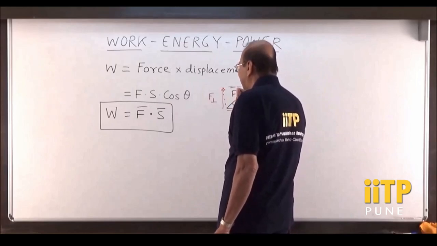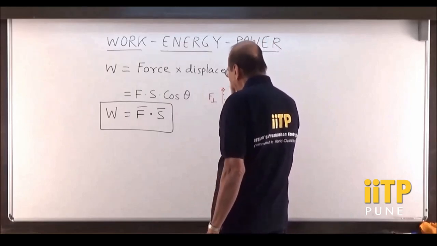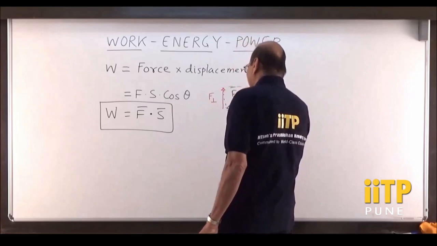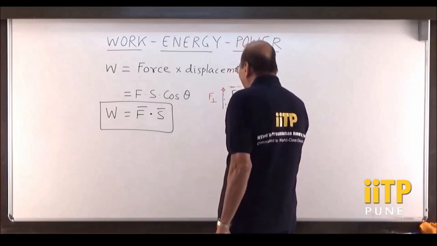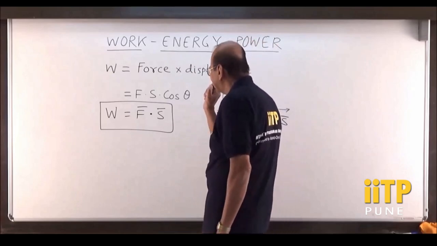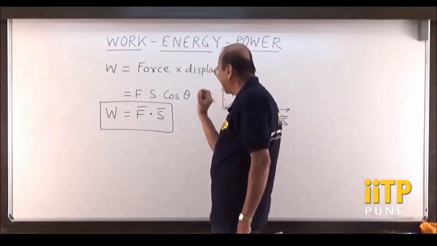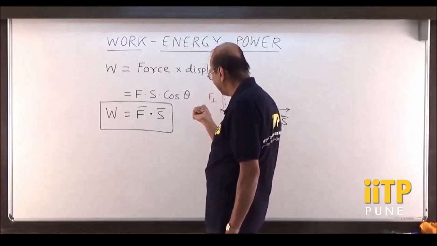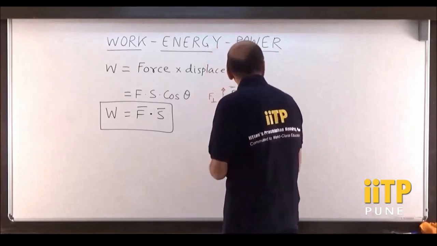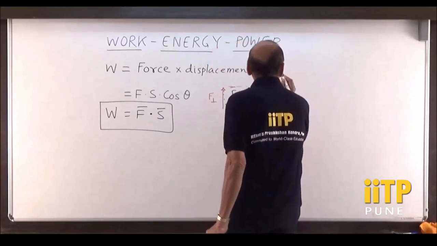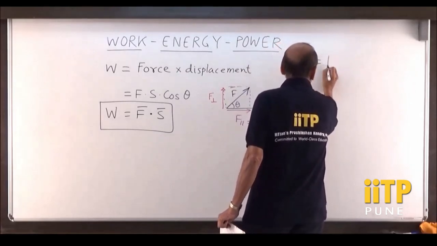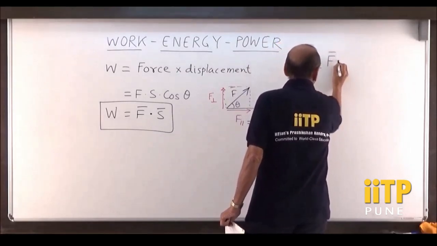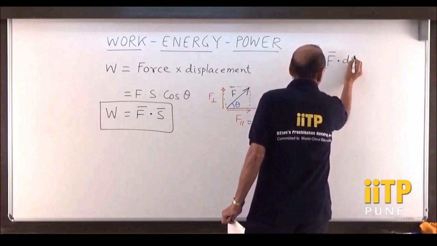In that time fraction we assume that the force is not changing much, but the displacement is going to be there, and therefore we find that small work done in that small fraction of time, when a very small displacement takes place, as F dot ds, and therefore I will call it a small work done.